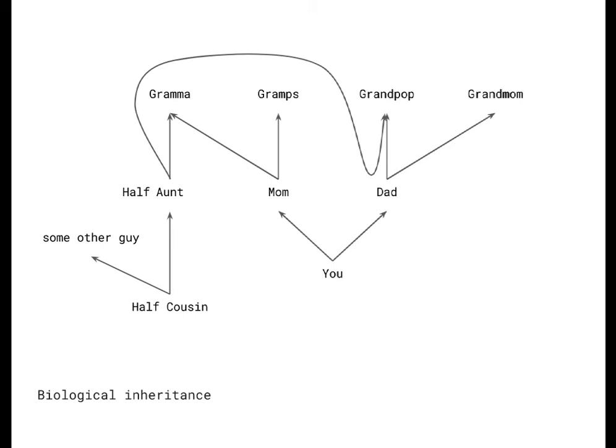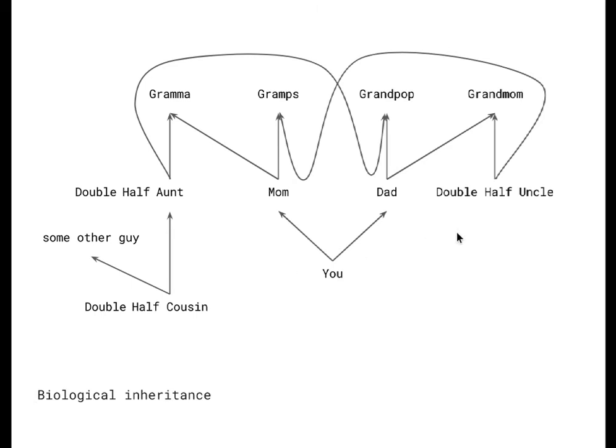That some guy was actually your grandpa. And it doesn't stop there, because now we call her my double half-aunt, because somehow you're related to her twice. And that makes your half-cousin your double half-cousin. And it turns out you have a double half-uncle as well, who's related to your grandmom and your gramps.